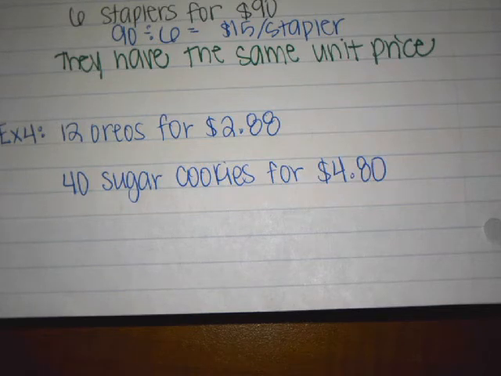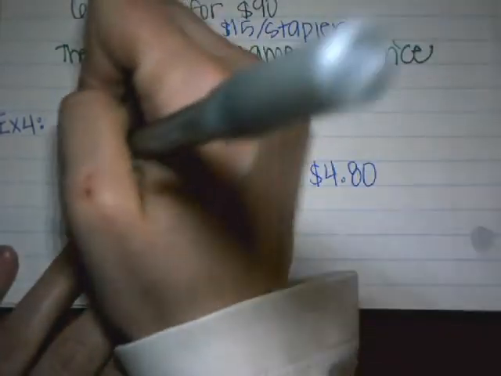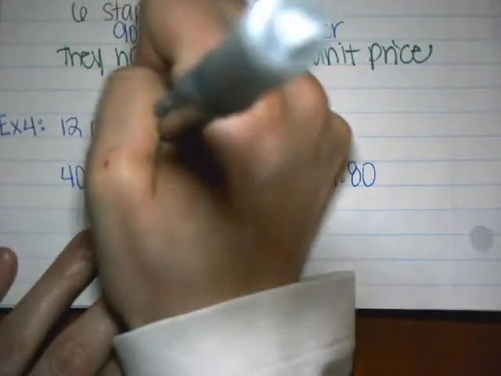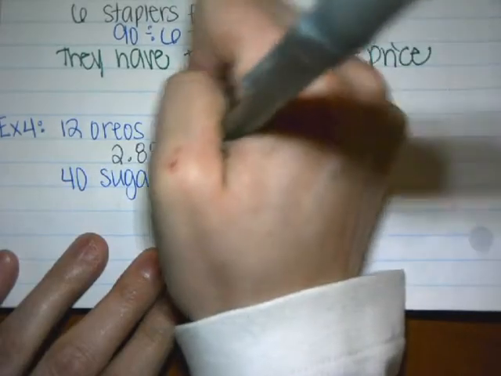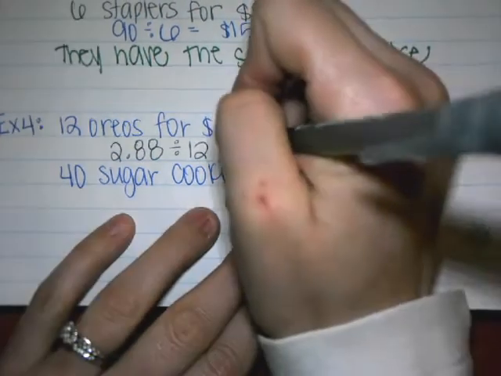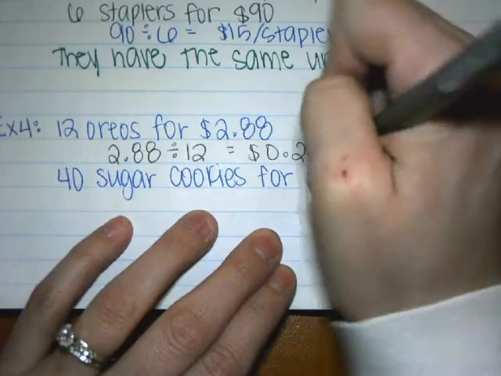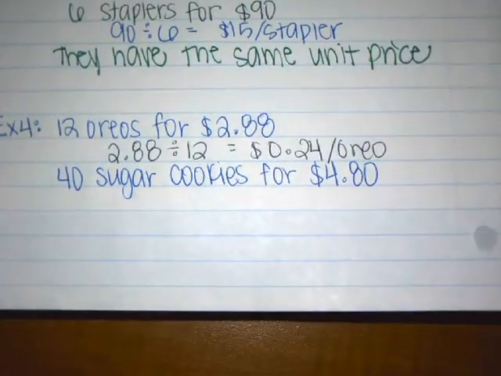Okay. What did you do on the first problem? Perfect. So $2.88 divided by 12. And what did you get, Reese? 24 cents. So it's going to cost you 24 cents per Oreo on the first one.